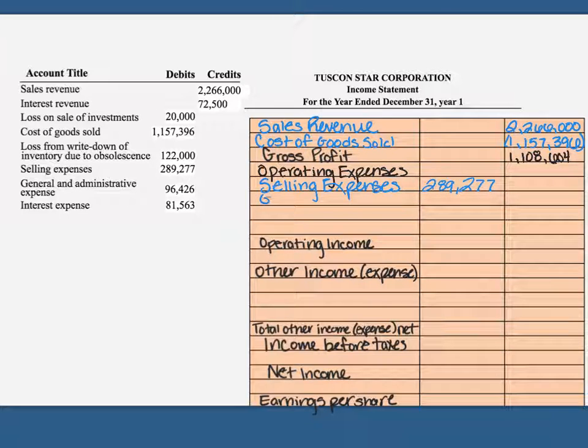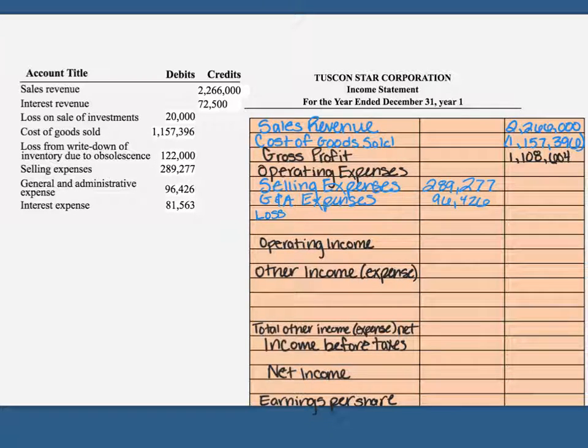Then, like I said, we have general and administrative expenses, and that's going to be $96,426. The third and final item for operating expenses is the loss from write-down of inventory due to obsolescence. That's $122,000. Inventory is obviously tied directly to the product we sell, so when something like that happens, we include it in our operating expenses.